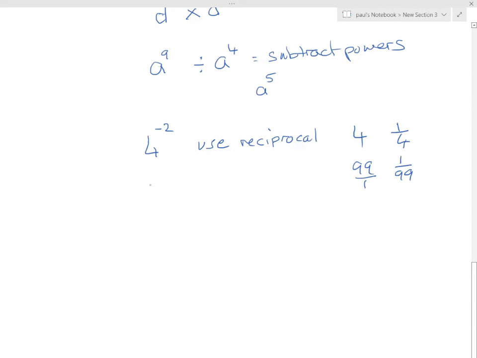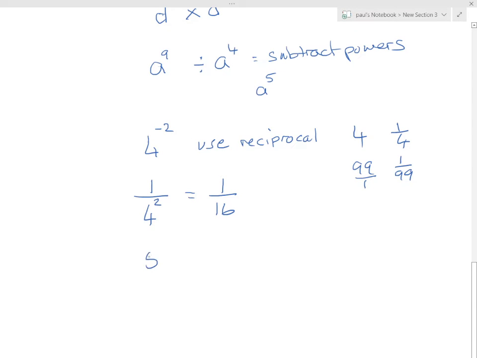So we're going to write 1 over 4. Now when you do the reciprocal, the minus disappears, so you get 4 squared. And 4 squared is 16, so in this case we can go 1 over 16. Fine. So just 1 over.